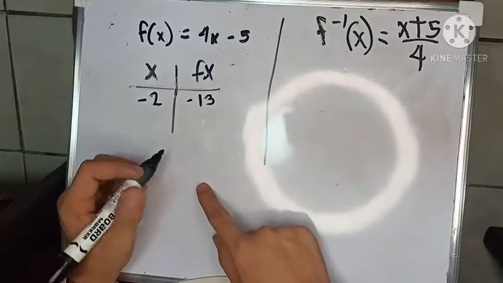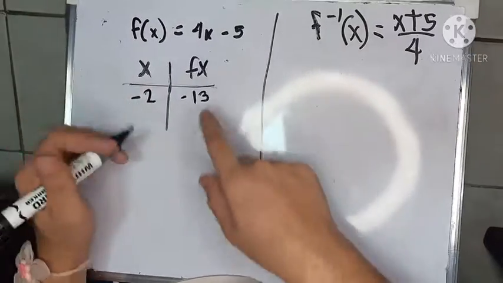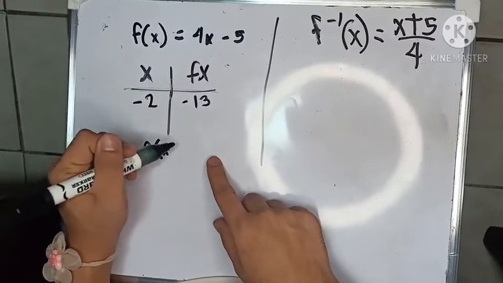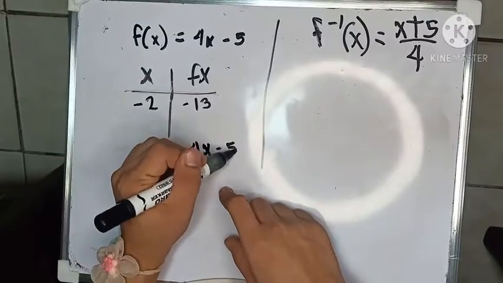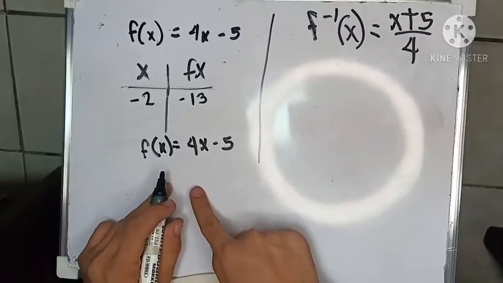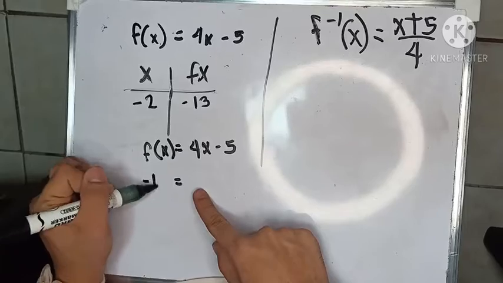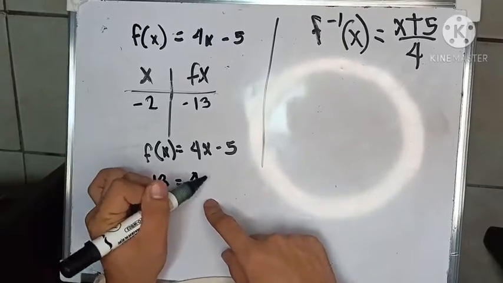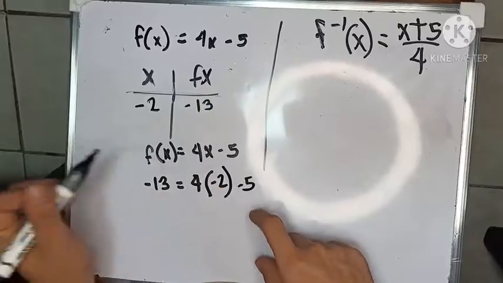Let's try to solve it here. f(x) equals 4x minus 5, so let's substitute f(x) with negative 13 and x with negative 2.